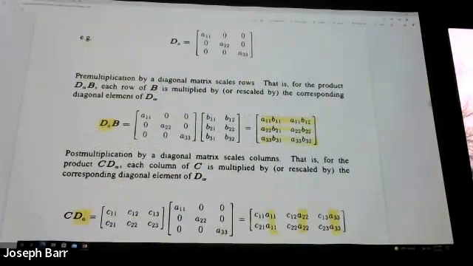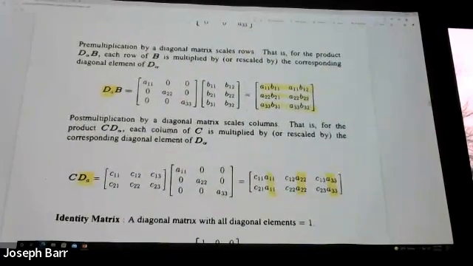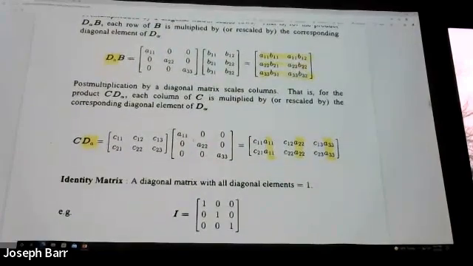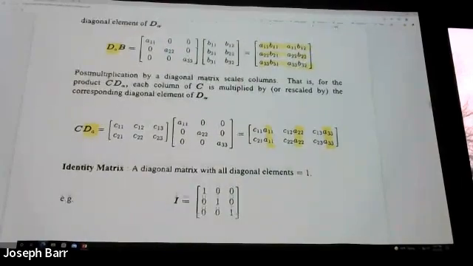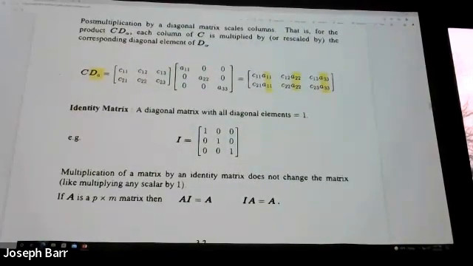Okay, the diagonal matrix on the left side of the matrix. If it's on the right side, we have column-wise calculation. Okay, so here we have diagonal elements here. Then you should follow this shortcut calculation.